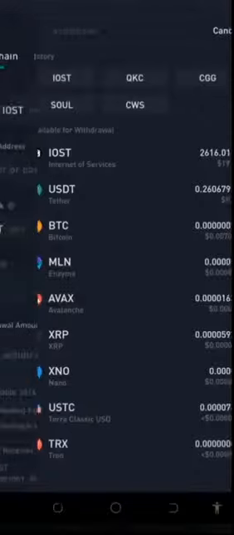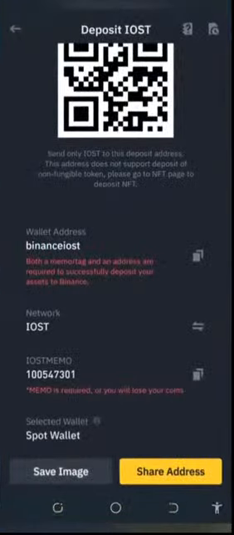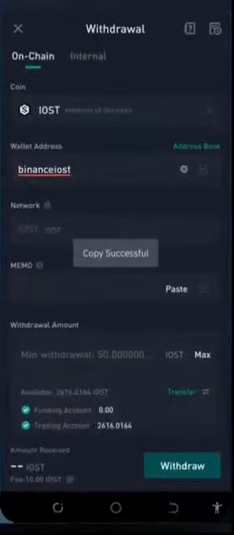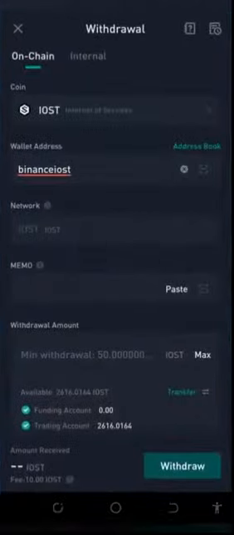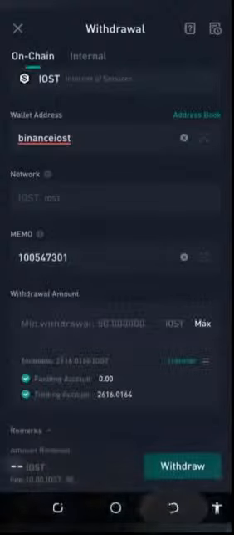Okay, it looks like it's right. Binance IOST. Then we get the memo. Where's the memo? IOST memo. All right, so we get the memo, get back in there, and we paste the memo. Good. So it looks like everything is going well.